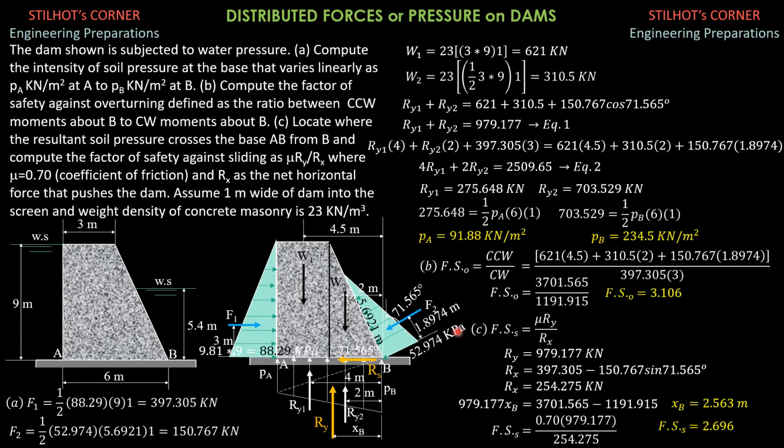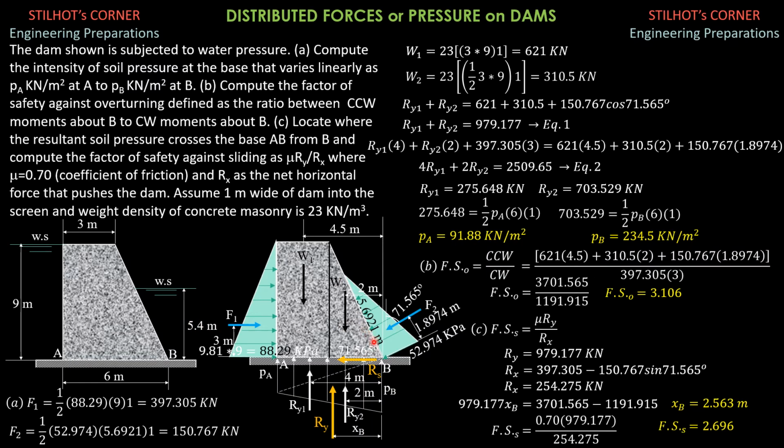52.974 kilopascals. For this inclined distance, inclined face, take note that this is 5.4. The angle here is inverse tangent of 9 meters over 3 meters. This is 3 because that is 3. So inverse tangent of 3 is 71.565 degrees. Then we have a right triangle. Opposite to 71.565 degrees is 5.4 meters.